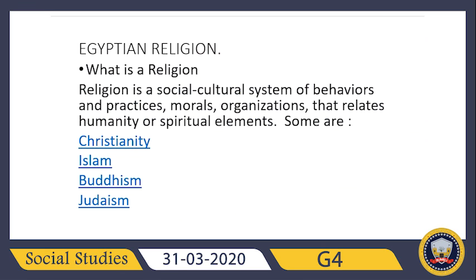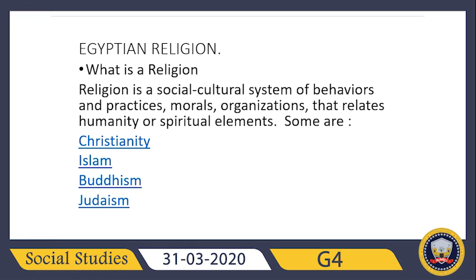The first one: what is a religion? A religion is a social cultural system of behavior and practice, morals, and organizations that relates humanity to spiritual elements.